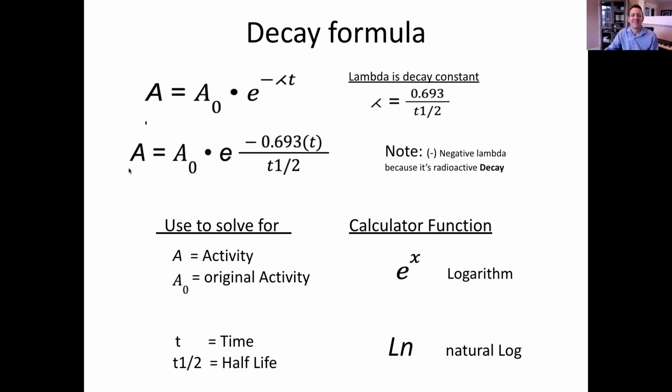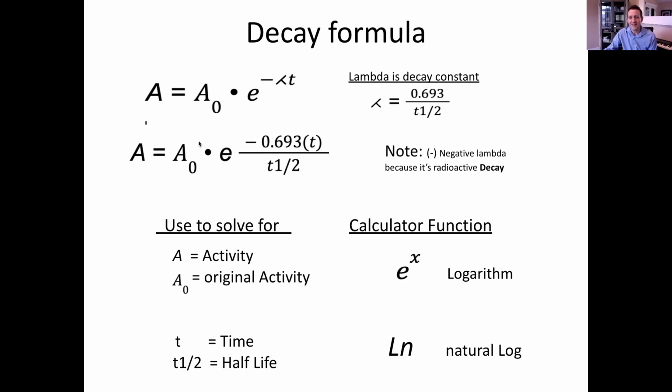It's tedious, but this will get it in your head, and I promise you these are on your boards. So here's our equation. Activity equals original activity times the log of negative 0.693 over half-life times time. Okay, that's the one you want to memorize. Now, on the boards, they may give you some of the things you need.